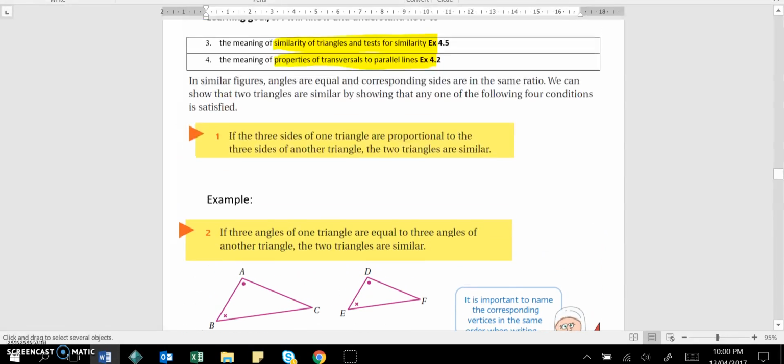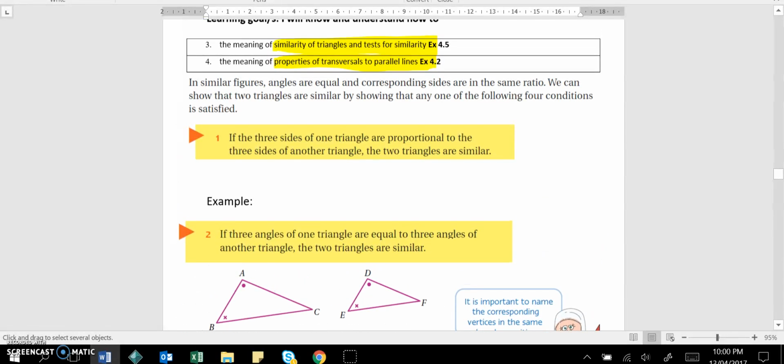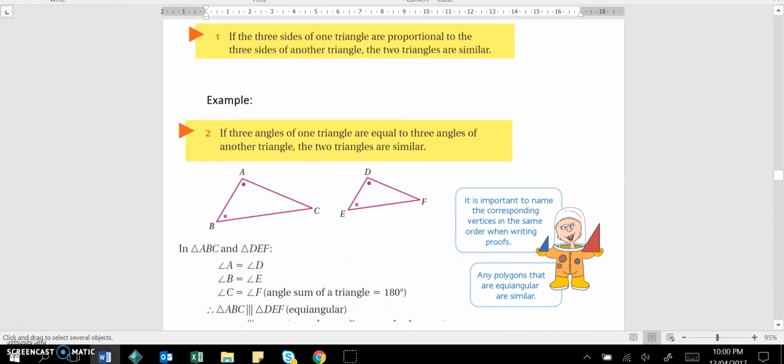Okay, so for similar triangles to exist, basically there has to be all matching angles equal and all matching sides in the same ratio. Okay, and the following conditions could exist. So they're kind of like three tests. Here they are.